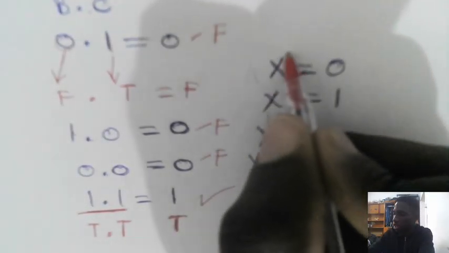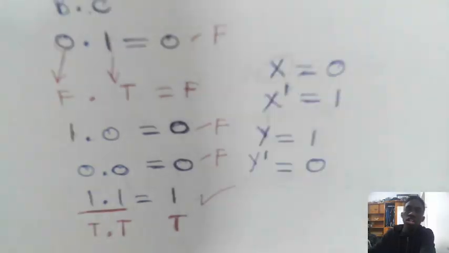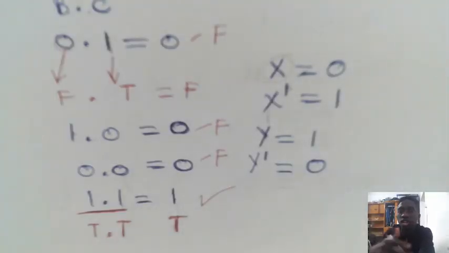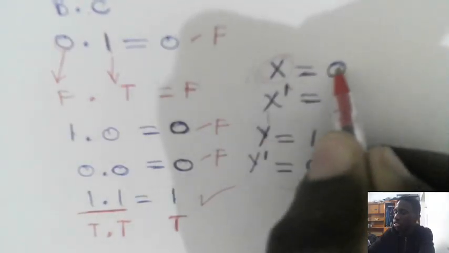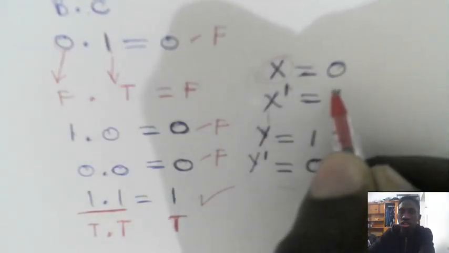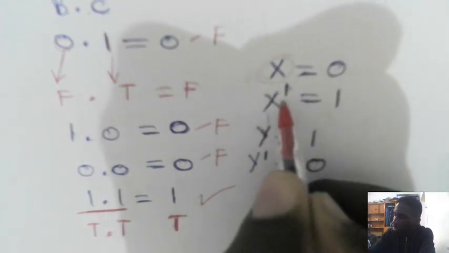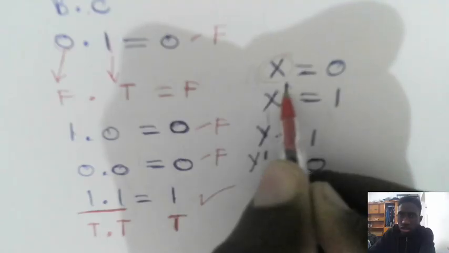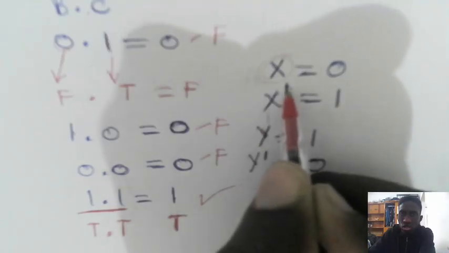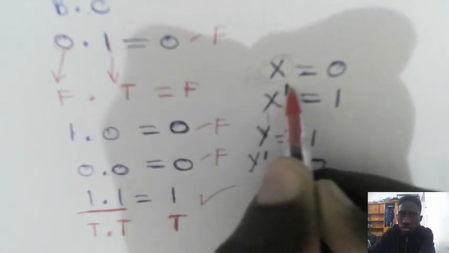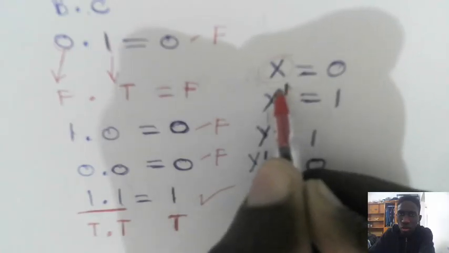So I have a variable x. A variable can take on any value, 0 or 1, as you had already established. So I have a variable x, and that variable is set to 0, false. Now, x complement, it's like the number 1 written at the top right corner. This represents negation, complement.